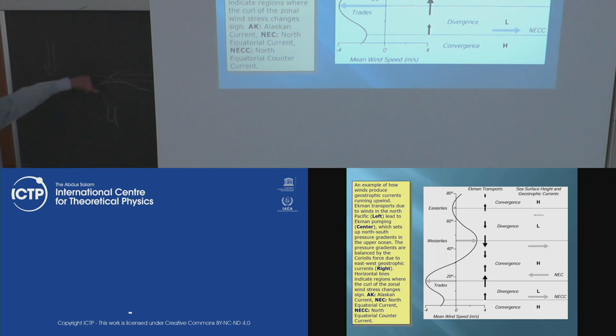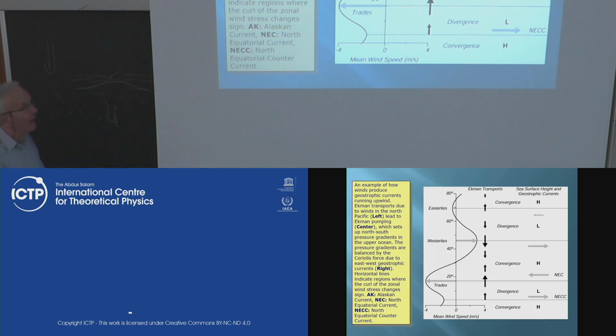Because you're pushing the surface water downward, you are deforming the isopycnals downward in this area where there is the convergence. So there is a sea surface bump, but then there is also this shape of the isopycnals.